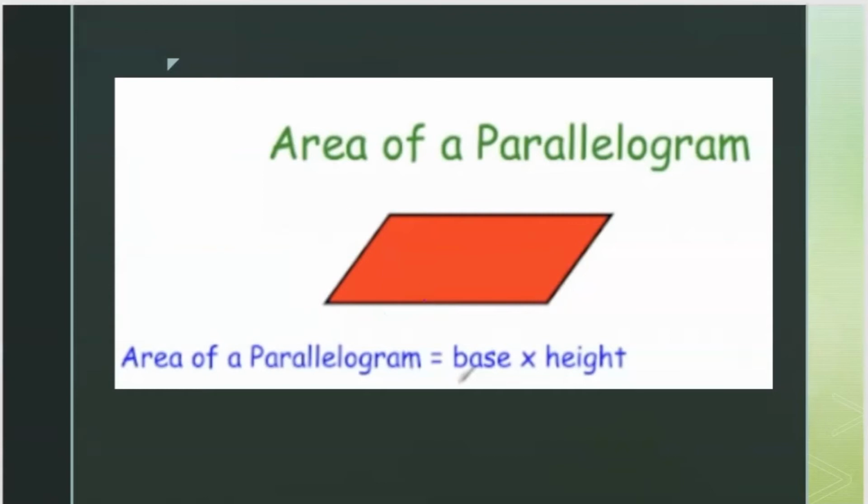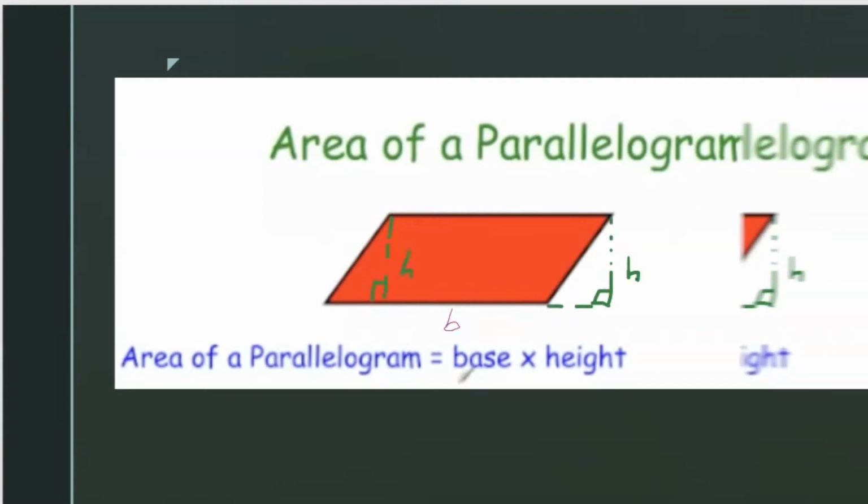Let's call this B. And the height, some persons will have a dotted line here, and this will represent the height. While for others, we will do a little extension, and this will measure the height of the parallelogram.